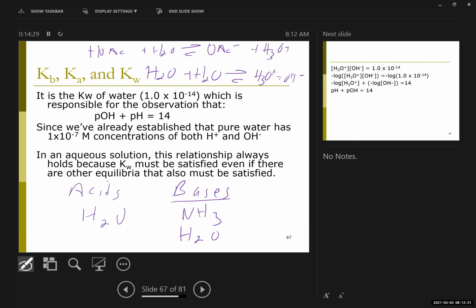In fact, both of those reactions were also happening. I didn't bother to mention the second one, not because it wasn't happening, but because it's so small, it doesn't create much hydronium beyond what I had from the first reaction.